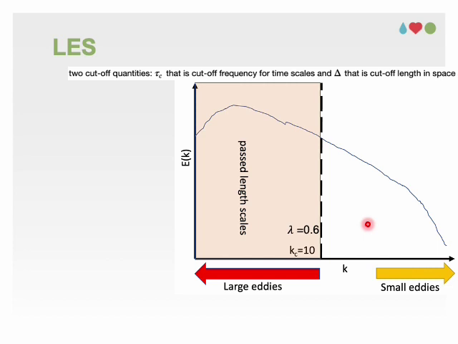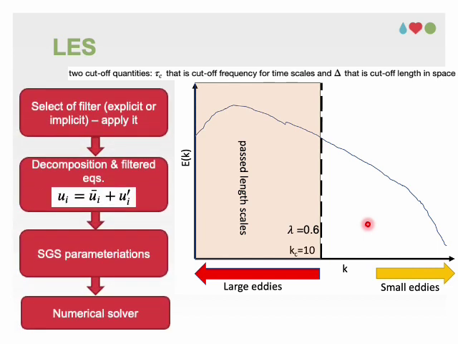I categorize the LES algorithm into 4 steps. First, after setting the cutoff length, we need to set the spatial low-pass filter. This allows us to decompose the flow field, for example velocity, into the resolved or low-pass field shown by U bar and the unresolved or subgrid scales shown by U prime.